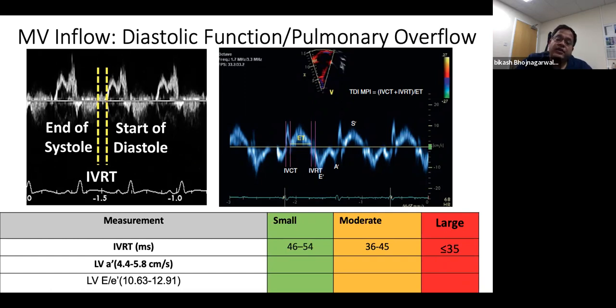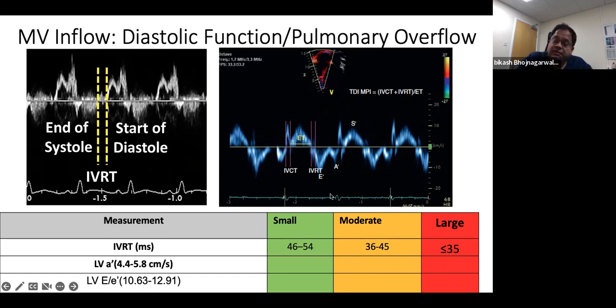If you have too much flow, then the isovolumetric relaxation time will start becoming narrower and narrower. So a smaller isovolumetric relaxation time means the flow is too much. The ventricle doesn't get enough time to relax, so the relaxation time becomes smaller because it has to fill more. So a small IVRT is an indication of volume overload.